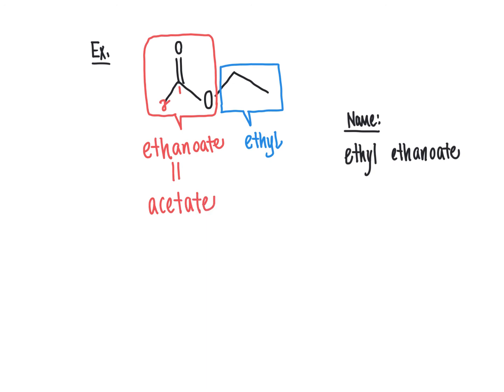Remembering that acetic acid was a 2-carbon compound that had the COOH there as one of the 2 carbons, when we remove a proton from acetic acid, we refer to that as acetate. So keeping in mind that the ethanoate is synonymous with acetate, ethyl ethanoate is the same as saying ethyl acetate.